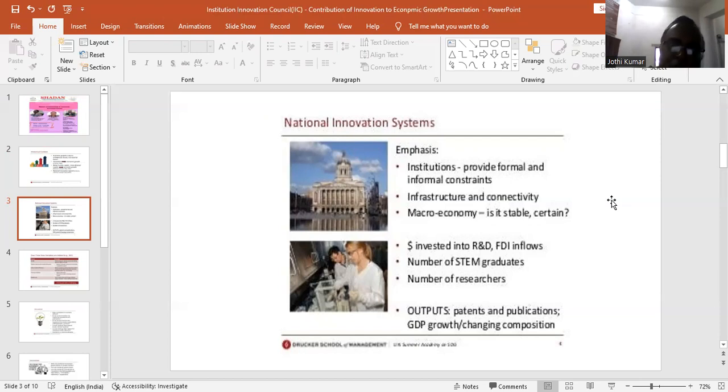But how much of them are contributing to economic growth through innovation systems? The students who are graduating, postgraduates, and researchers can contribute innovation through patents and publications, and they contribute to GDP growth, changing its composition.